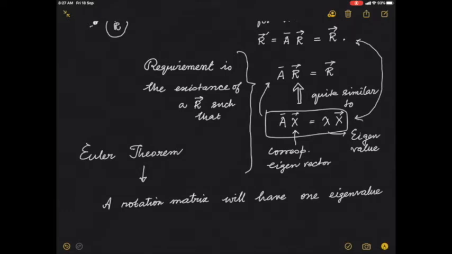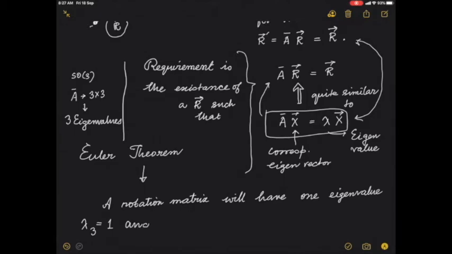What is the eigenvalue? Well, if I compare these two, it is obvious that the eigenvalue is 1. One eigenvalue equals 1, so lambda equals 1. So, this is a 3 cross 3 matrix, SO(3) representation. So, A is a 3 cross 3 matrix. So, it has 3 eigenvalues. Right? So I call lambda 3 as 1. You can call any one of them 1. So I just choose the third one as 1.